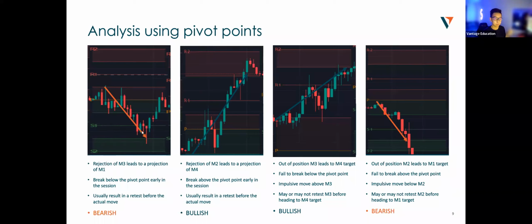And in this move, when it actually rejects your M3, we can consider this as a bearish move. This is an M2 move. Once it rejects the M2, the potential move or your TP target would be this level here, which is M4, because this is M3, R1, M4.